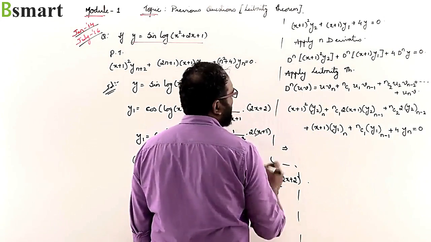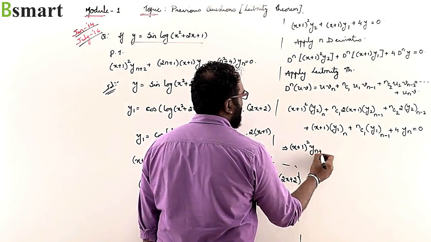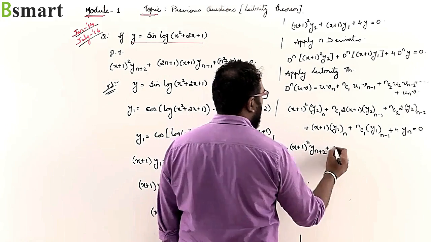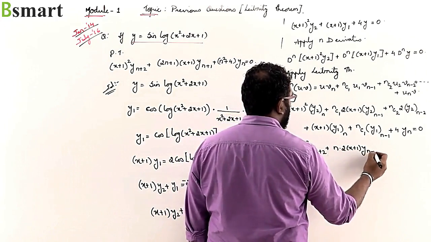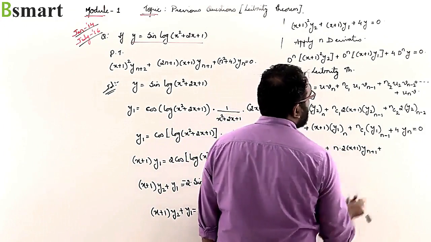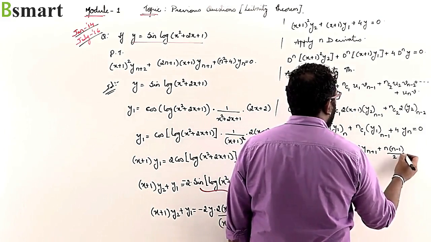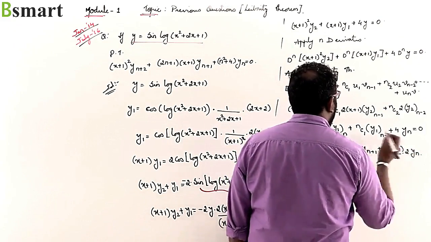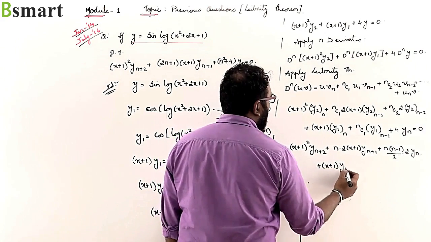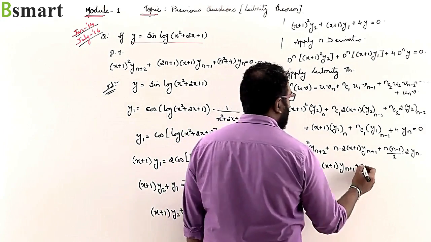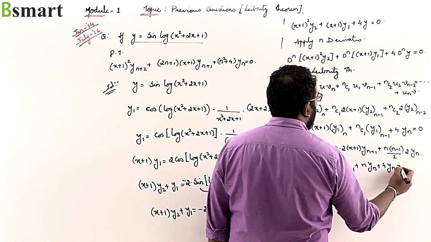Now if we rewrite this term, that is x plus 1 whole square into yn plus 2, plus nC1, which is n, into 2 into x plus 1 into yn plus 1, and here plus nC2, that is n into n minus 1 by 2, into 2 yn, and again from this plus x plus 1 into yn plus 1 plus nC1, which is n, into yn, plus 4 into yn is equal to 0.